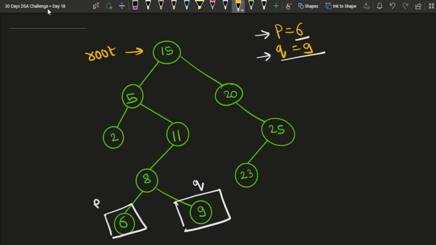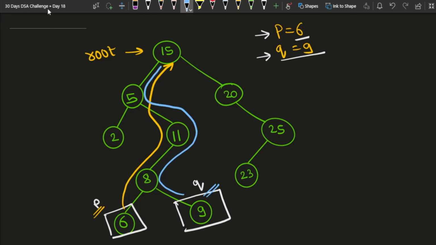Firstly, I'll draw the path from my node P up to my root node. So this is my path, right? And now what I'll do, I'll try to draw the path from my node Q up to my root node, right? Then this will be my path, okay? Now, as per the definition of lowest common ancestor, the first node which is coming into both the paths is our lowest common ancestor.